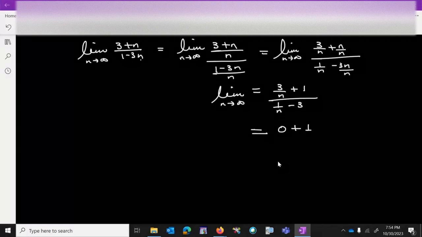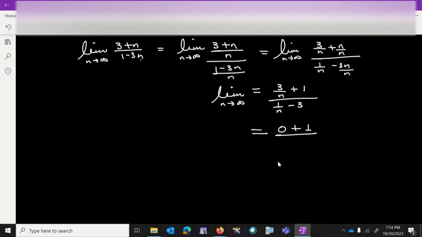And 1 over infinity is 0, so minus 3. This gives me 1 over negative 3, which is equal to negative 1 over 3.